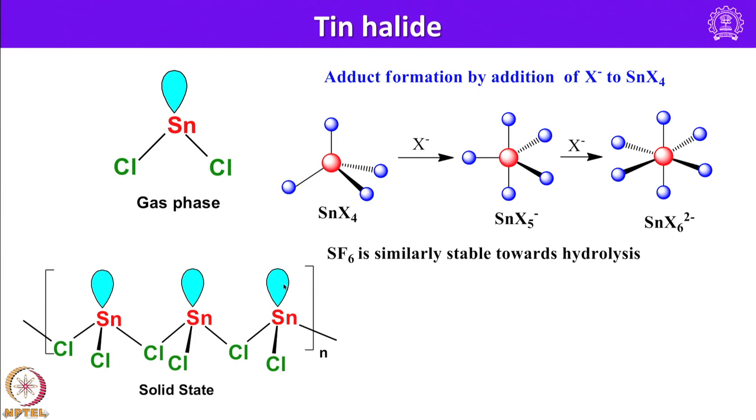Lead tetrachloride is essentially obtained as an oily liquid by the reaction of cold concentrated sulfuric acid on ammonium hexachloroplumbate.